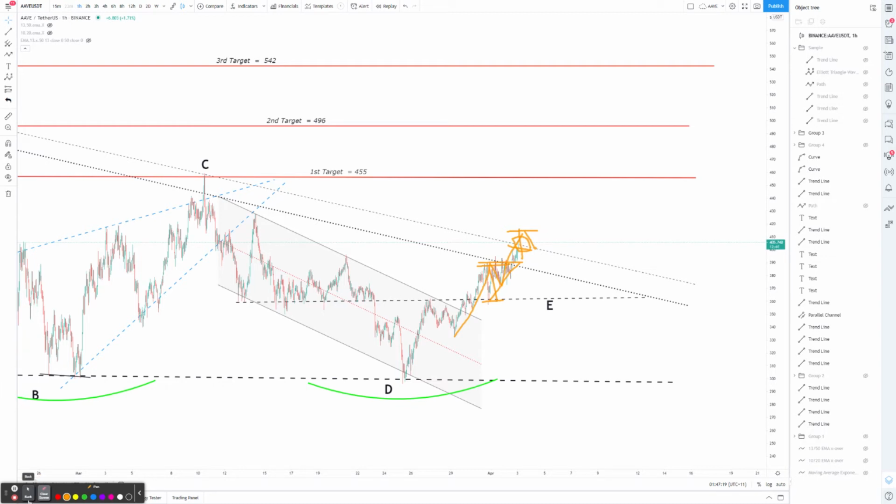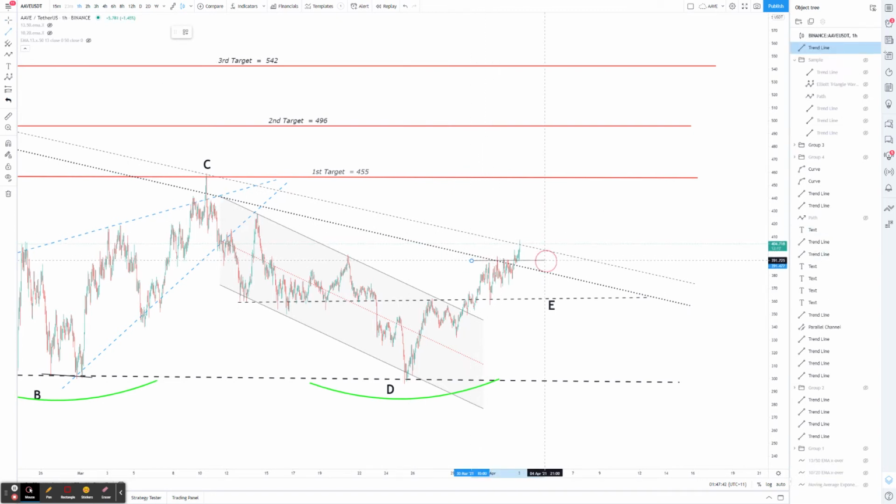So let's use the other tool. I want to clear it, but how do I clear it? Clear screen. So what I want to do is measure this structure.